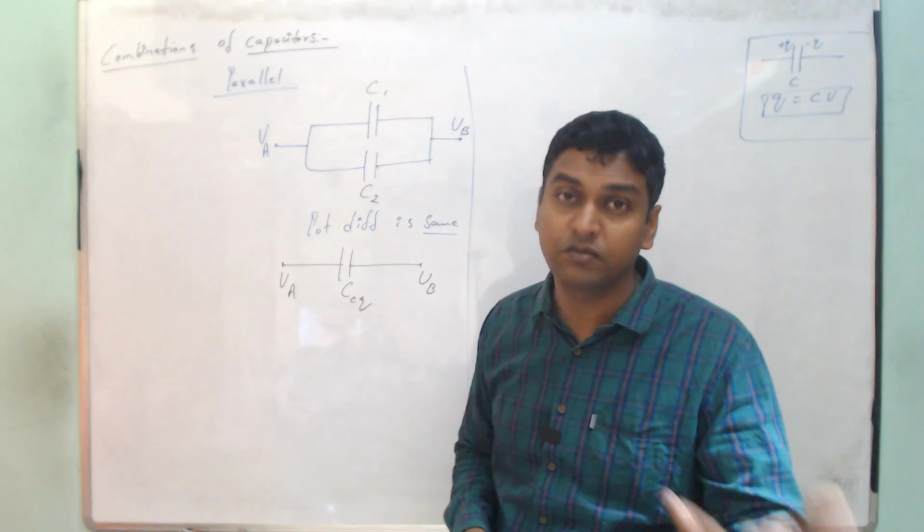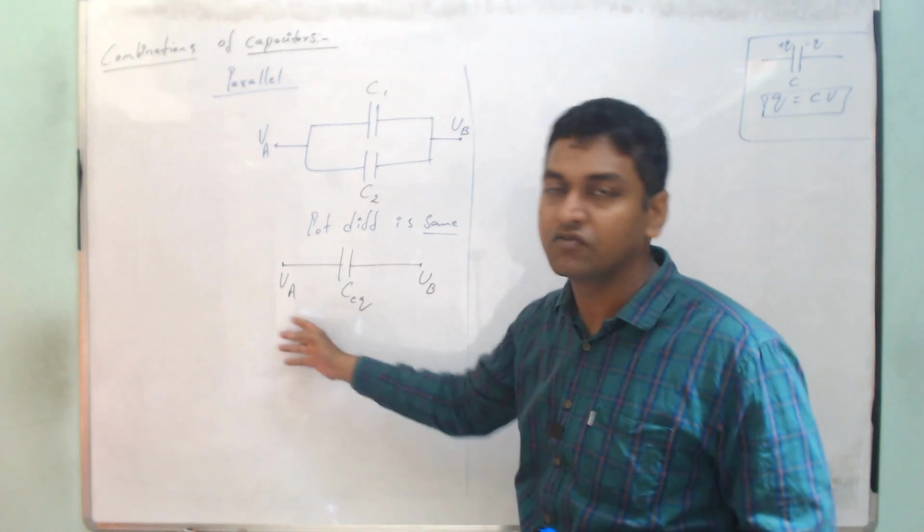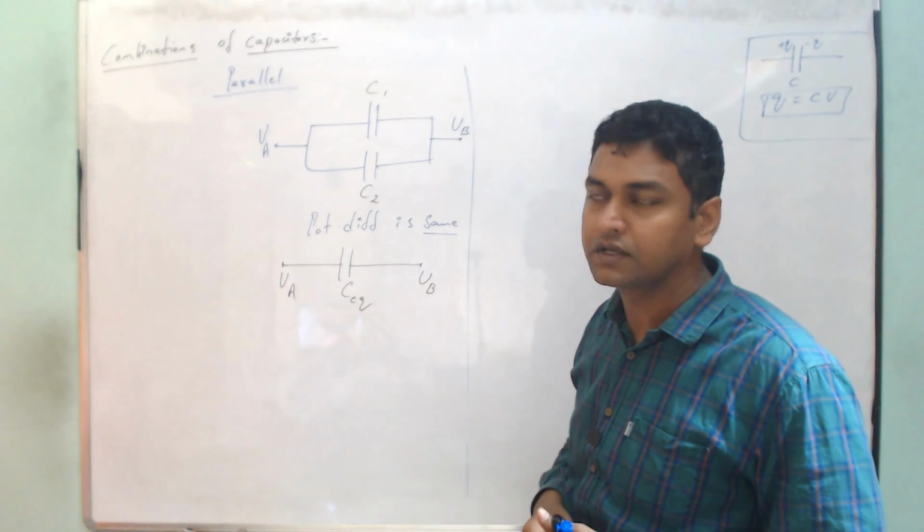So in this situation, what did I figure out? The first thing I figured out is that the potential difference is the same, and the potential difference is the same for the equivalent also, right?